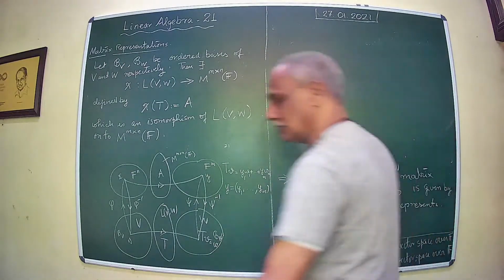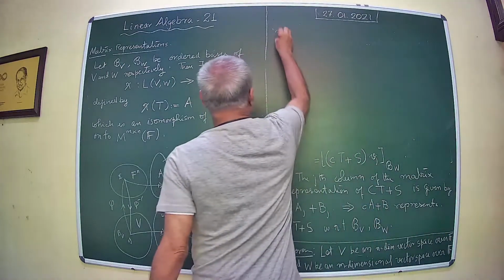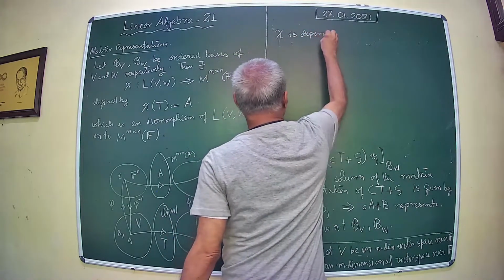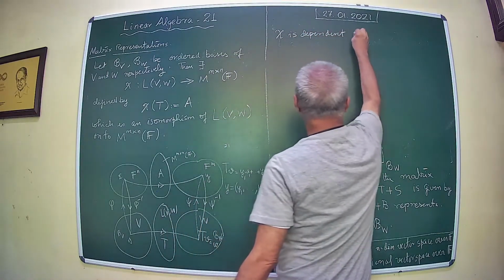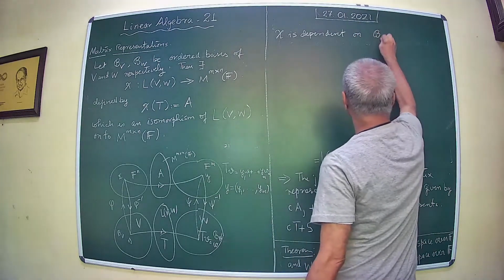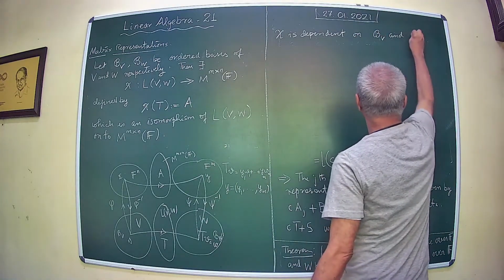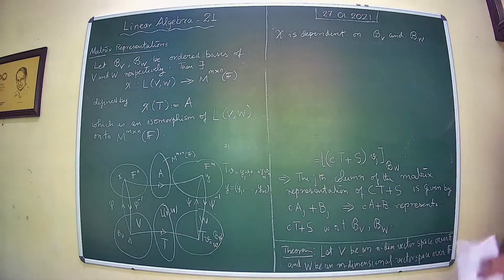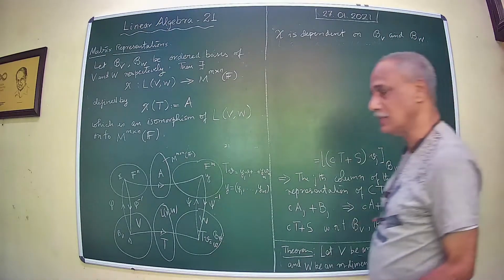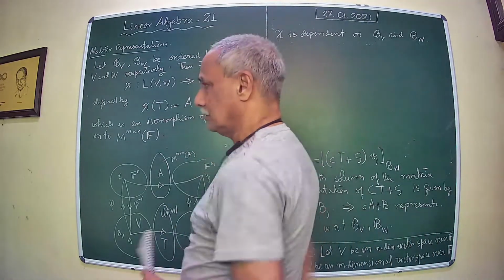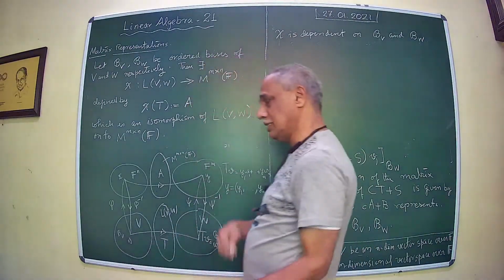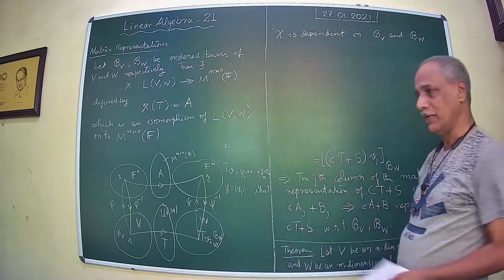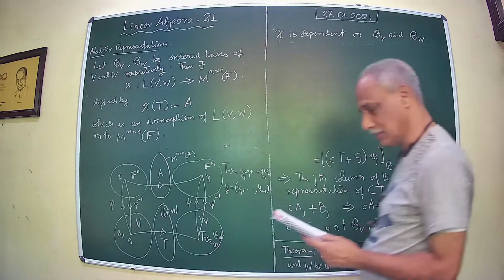So this is an isomorphism. Chi is dependent on BV and BW, because that actually essentially connects T with the particular A. If you change the ordered basis, then it is going to be another matrix that is going to be representing that.